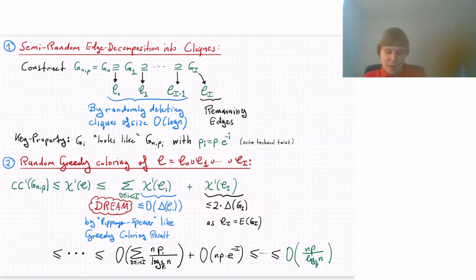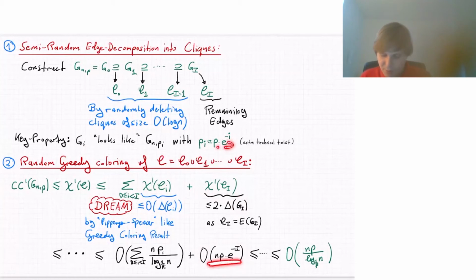Okay, so if you believe what I claimed up here, that the graph G_i looks like some random graph G(n,p_i), then you would see that this final term contributes at most this, because p_i is equal to p times e to the minus i.